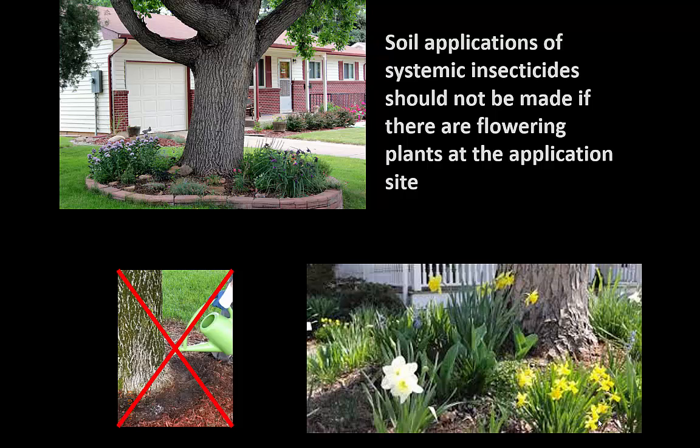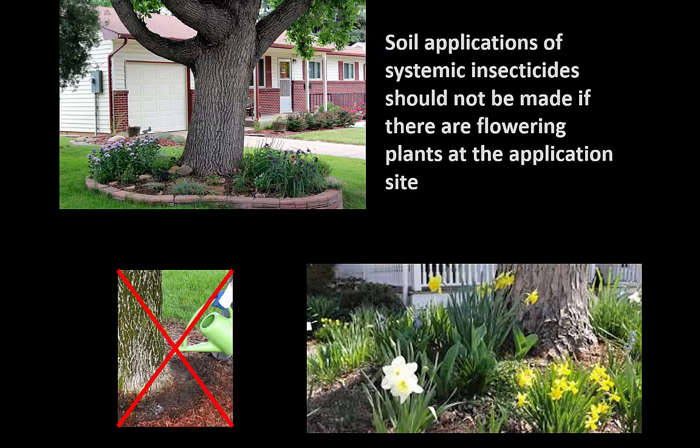That being said, one site where we do not want to use these kinds of treatments is where they are going to be accessible to the roots of flowering plants that are going to be used by desirable species, notably pollinators. So in this picture in the upper left is an ash tree that is growing in an area that has lots of flowering plants around the base.